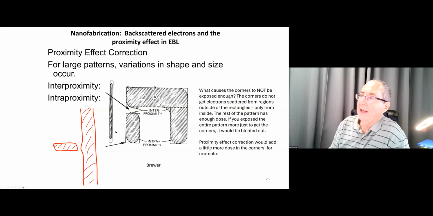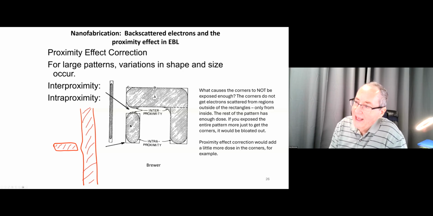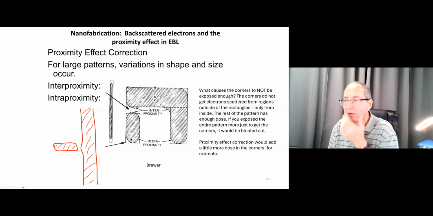But intra-proximity effect is when I've got one pattern, but it doesn't come out the way I want it to be. Why would these corners not be exposed, but this region be exposed, and this region be overexposed, while here it's only exposed properly to this edge? That's because every region within this rectangle is exposing every other region within this rectangle.